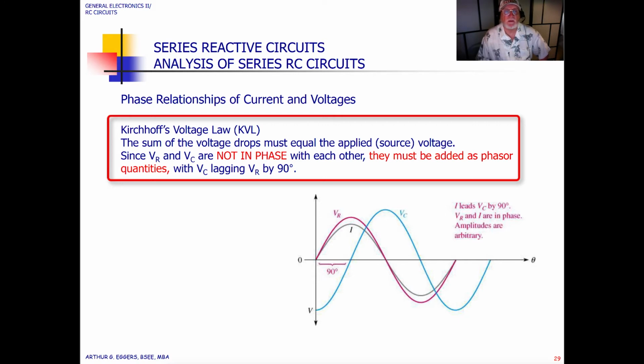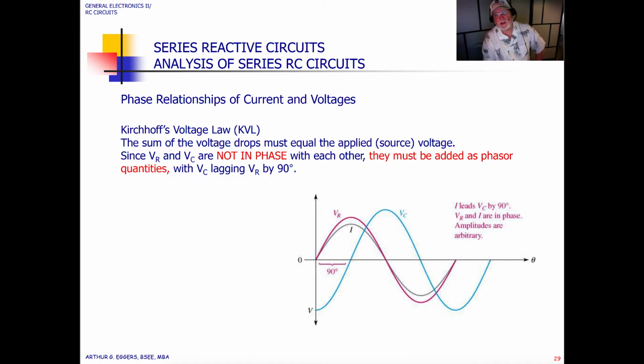The idea is we can only add the real parts to the real parts, the resistance, and the imaginary parts, the reactance, to the reactance. So Kirchhoff's voltage law, as we learned it for DC, does not track exactly.